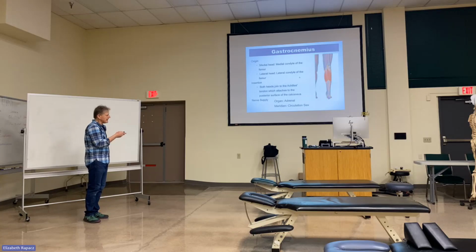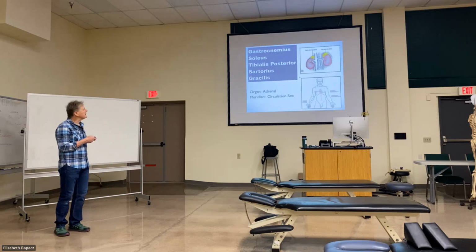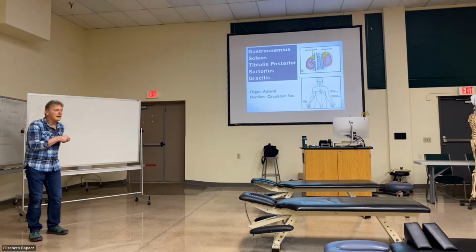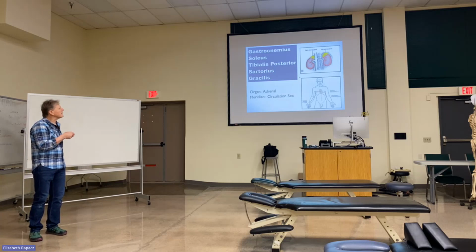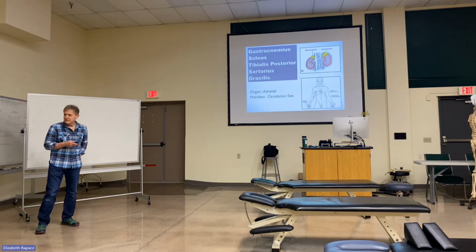It's an adrenal related muscle, and it's related to the CX meridian, pericardial meridian. So yeah, I threw this slide together. Anyway, when you see a bunch of these muscles, we always think of adrenal. So sartorius, gracilis, the tib posterior, soleus, and gastroc. The tib anterior, though, is related to the bladder.